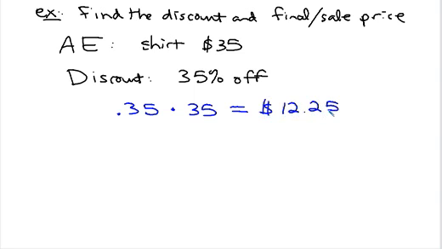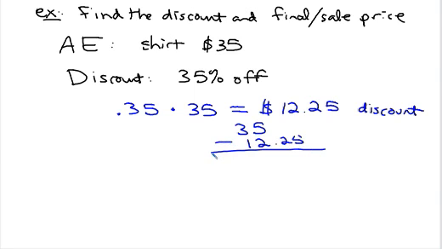No. This is the discount. Boy, that'd be a nice sale if the shirt was only $12.25. You need to do 35 minus the $12.25 to get the sale price, which is going to be $22.75. That is the sale price.